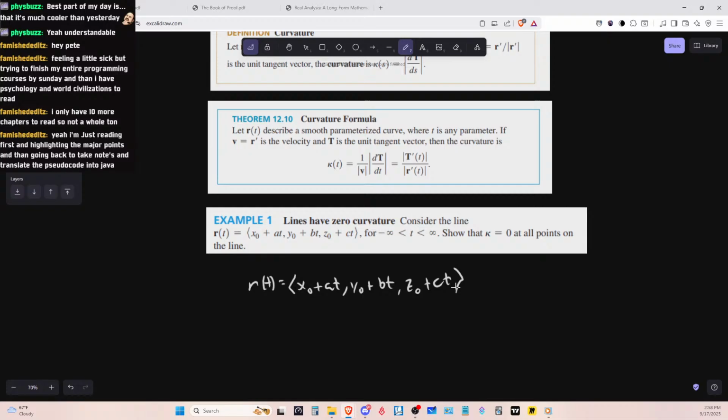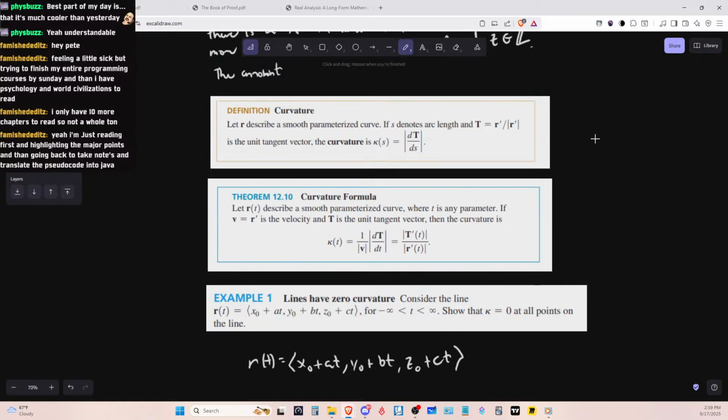So we have to take the derivative of it. I'm guessing we're going to have to take the partial derivative of each one. No, I think we have to take the derivative with respect to t, right?